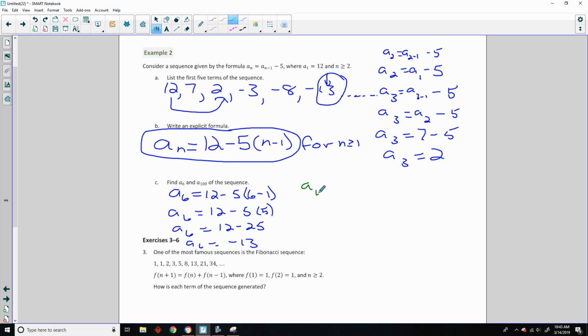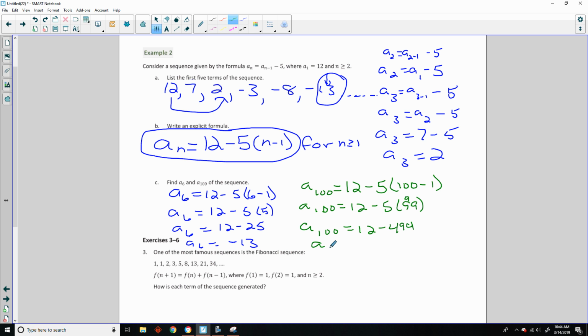Okay, a sub 100. A sub 100 equals 12 minus 5 times our n, which is 100, minus 1. So a sub 100 equals 12 minus 5 times 99. 9 times 5 is 45, carry the 4. 9 times 5 is 45, plus 4 is 494.